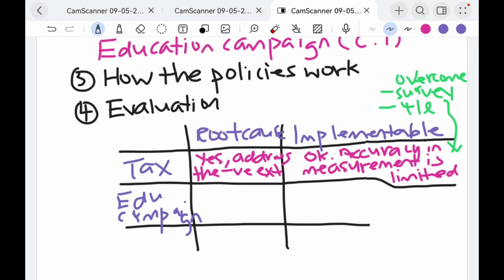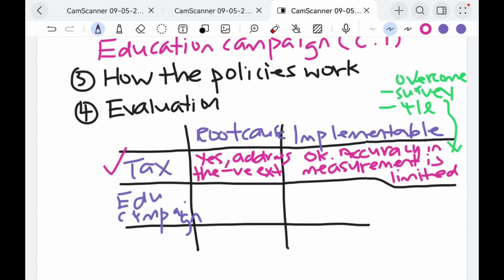So I would say it is still quite a good policy, and in this case you show that the policy needs some time to become even better at being implementable. But overall it is still doing quite well in these two parameters. So in this case I would give tax a good pass. It passes to be one of the policies that the government can use.